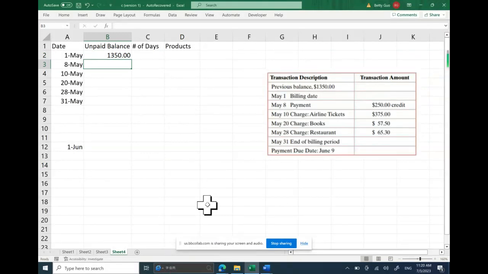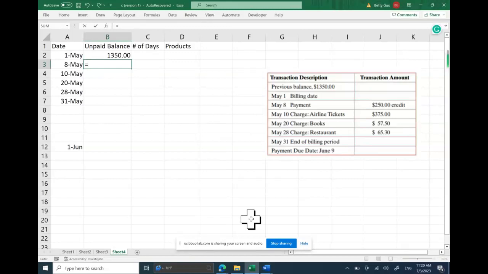On May 8th, you deposit the payment of $250, right? What that means is your balance reduced. I'm going to use a function in Excel, but you don't have to. You can manually calculate the difference.